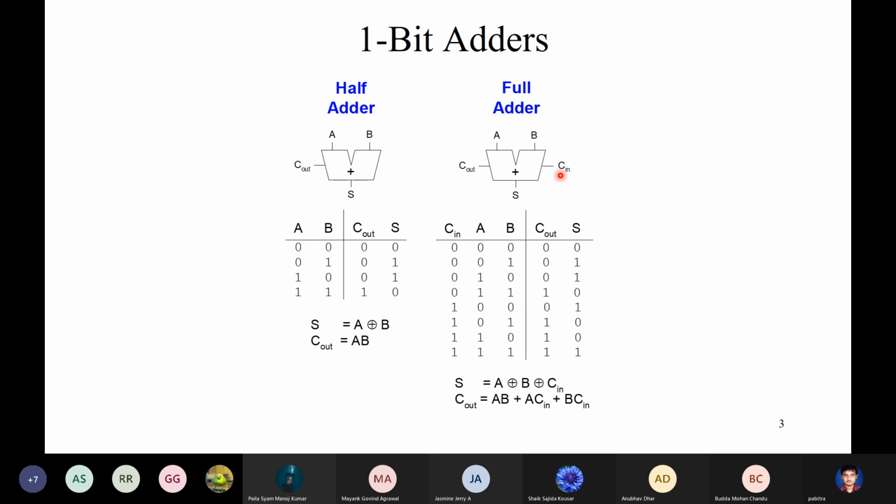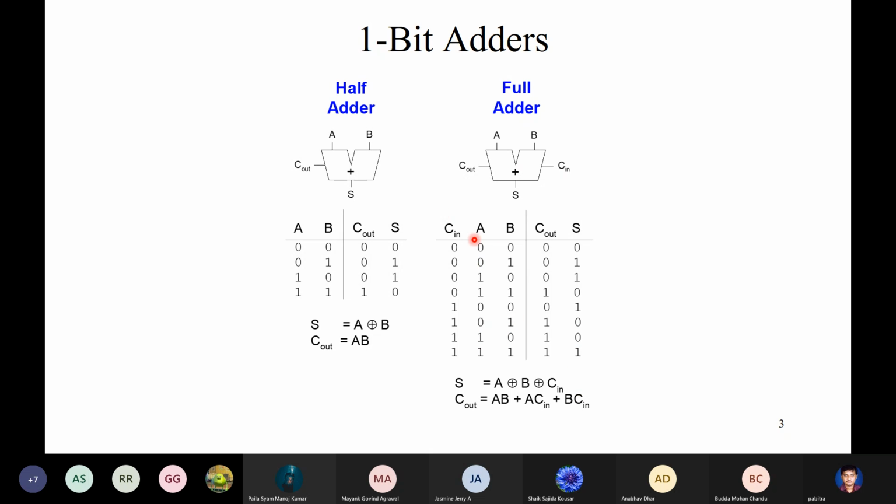Of course, a more realistic case is a full adder. This is a single bit full adder where you have two inputs A and B. I'm using this block symbol because we are no longer looking into the gates inside; of course, we can expand this block and see them. But since these are very standard gates, we'll talk about them as blocks. So this is a full adder. You have a carry in as well as a carry out, a sum, and two inputs A and B. Now let's look at this truth table.